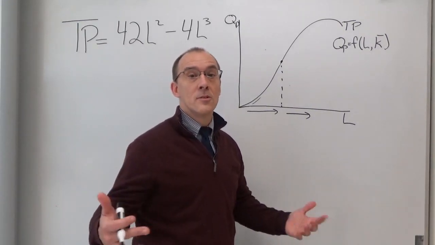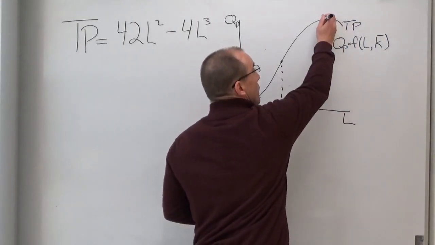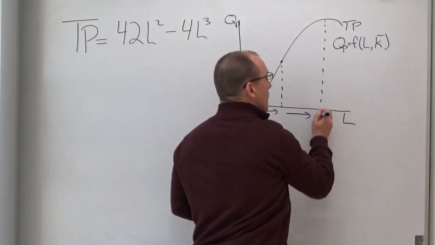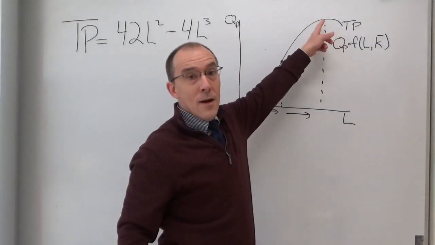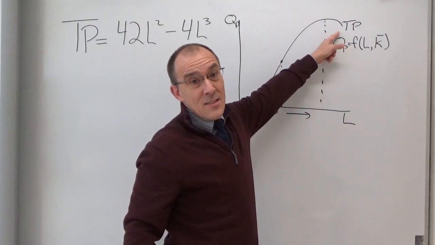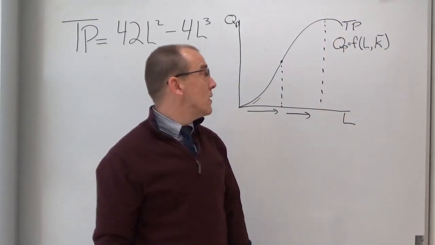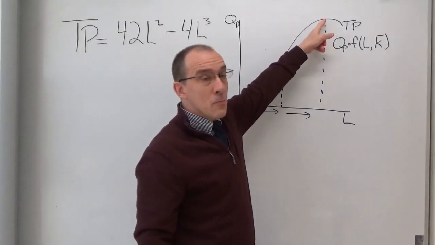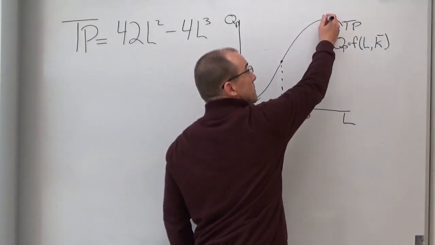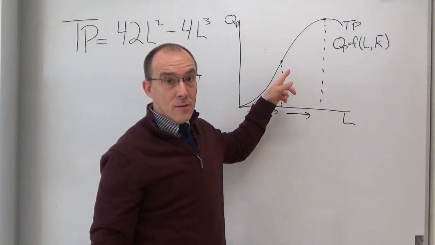All the capital is being utilized to its maximum amount, and that will bring us to our point of maximum product, where if we add additional workers, we'll actually be producing less because the workers will be getting in their way. So what we're going to be doing here is finding where this point of maximum total product is and where this point of diminishing marginal returns is.